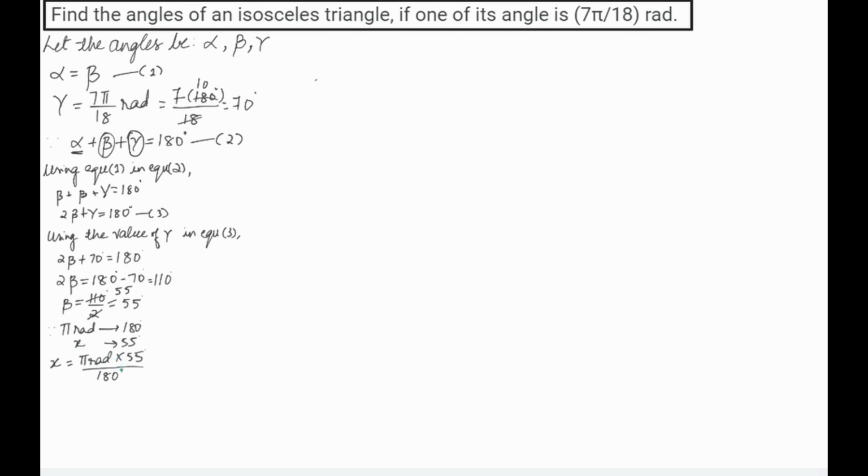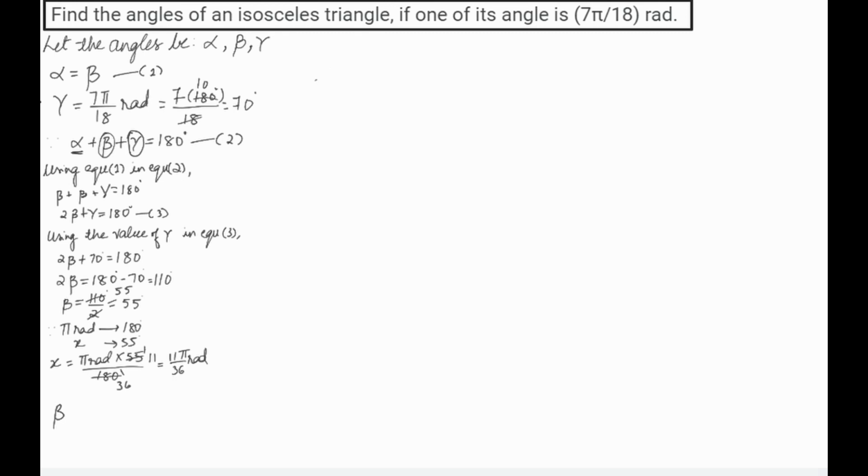So 5 into 11 is 55, 5 into 36 is 180. Degree unit and degree unit cancel out each other. So we get 11 pi by 36 radians. So we have found out the value of beta.